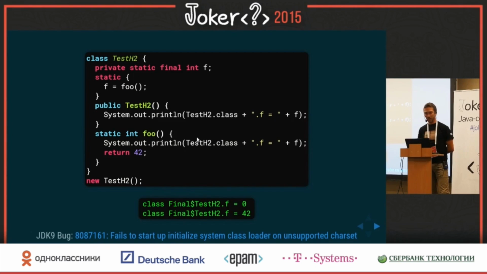There is currently a bug in JDK 9 caused by the new module system, because some of the character sets have been moved out from the runtime jar into a new image.